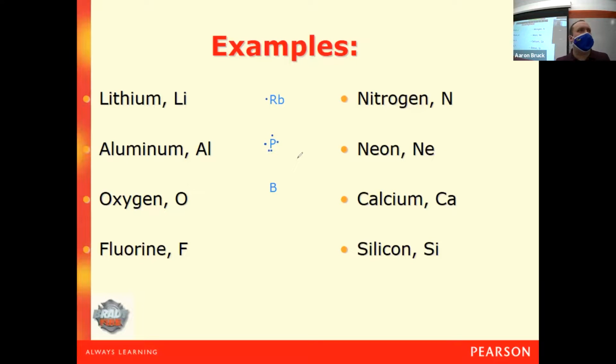Again, the placement of that double dot is not super important, just so long as there's 1 double dot and 3 single dots. Boron is in group 3A, 3 valence electrons, like so. And that's all it is.